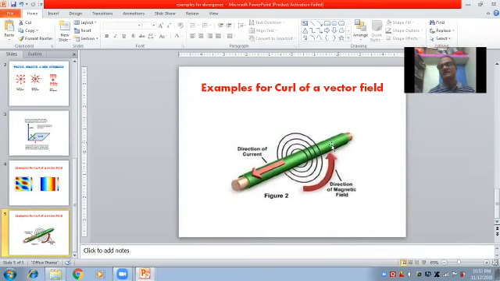Whenever there is a flow of current in the conductor, a magnetic field is always created around this conductor, and these magnetic lines of force will be curling, rotating or revolving around this conductor. This is also a very good example for the curl of a vector field, because the magnetic field is a vector field, so that will be curling here.